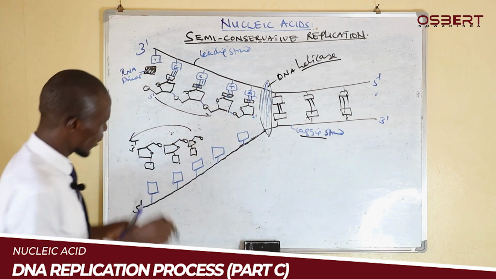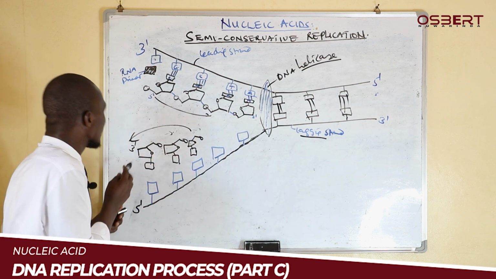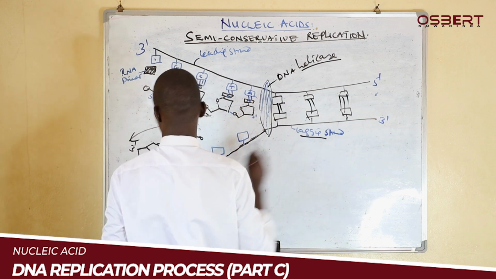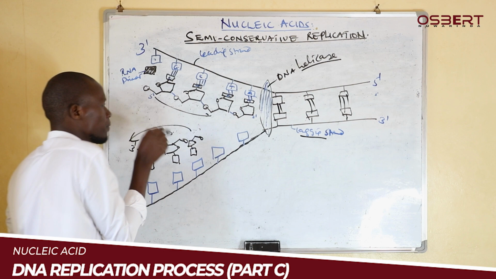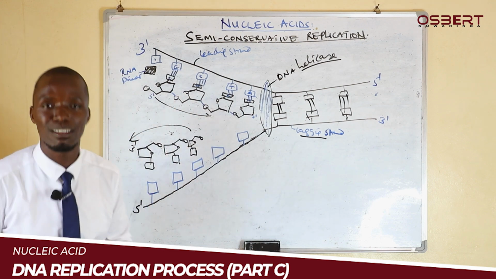But here we are seeing opposition. How? What we are adding is moving 3' to 5', and we are saying the DNA polymerase works in 5' to 3'. So what happens here is something very simple.